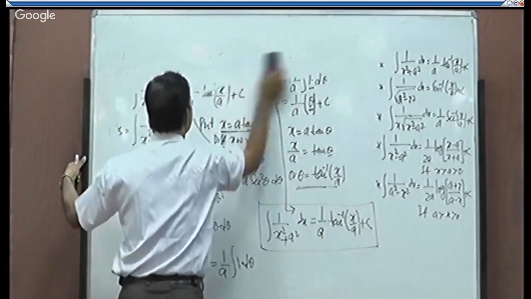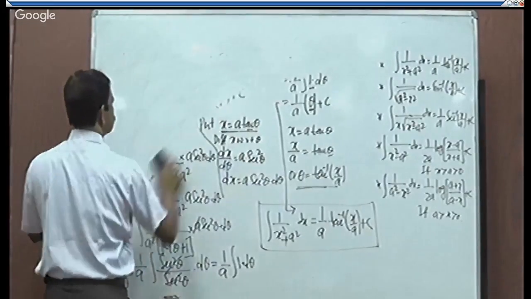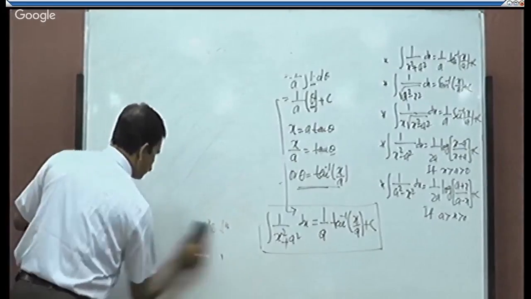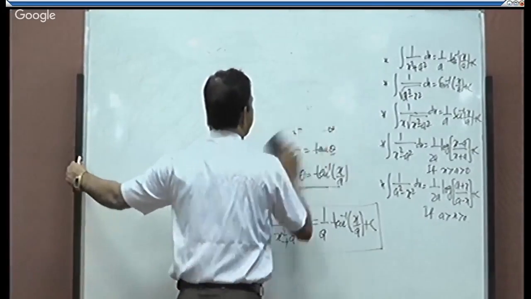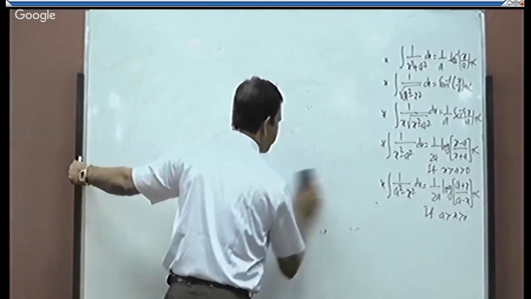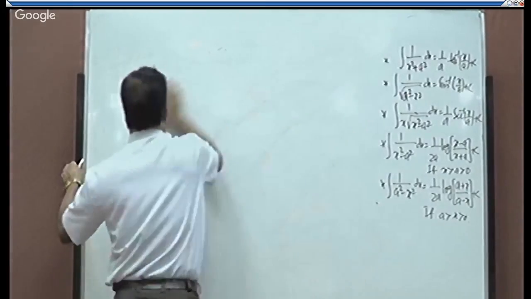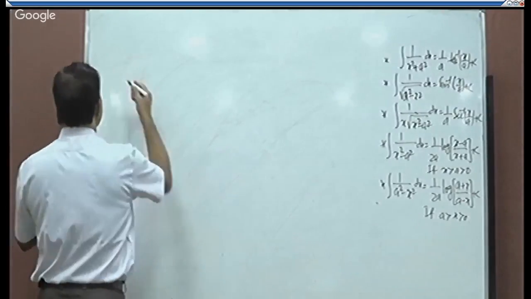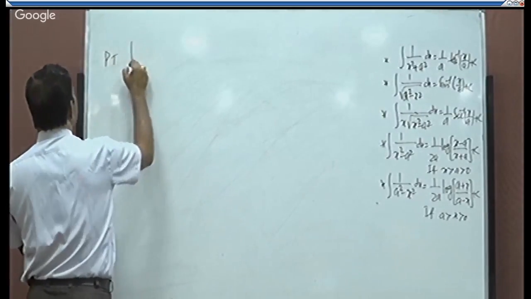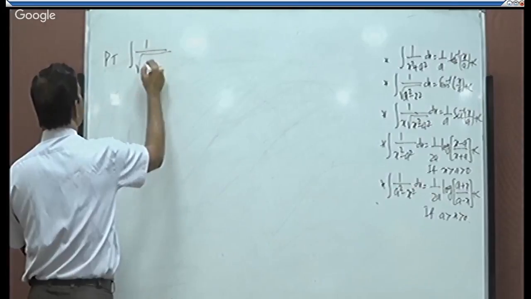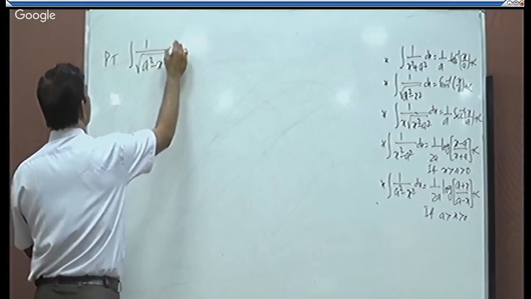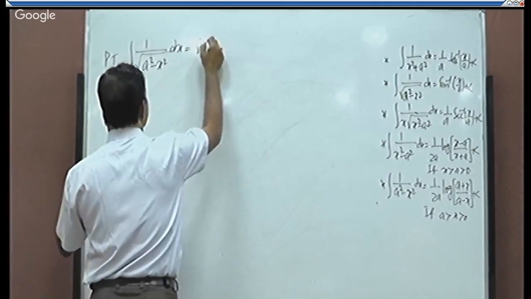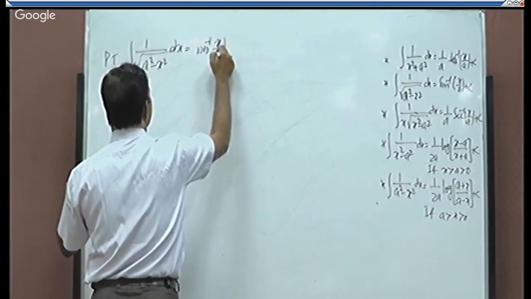Next, let us take the second one. Proof of the second one. Prove that the integration of 1 divided by root of a square minus x square into dx is equal to only sine inverse of x by a plus c.